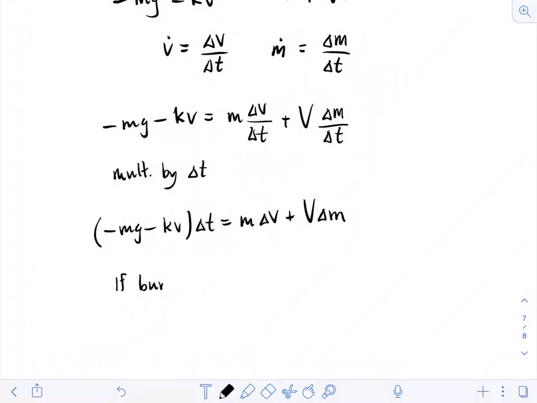So if the burn rate is constant, m dot is delta m divided by delta t, then we could write delta t is equal to delta m over m dot.